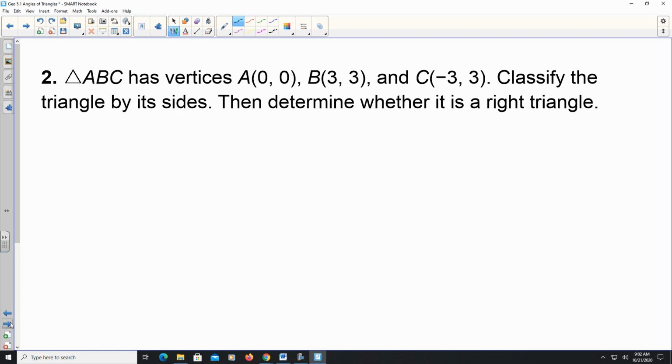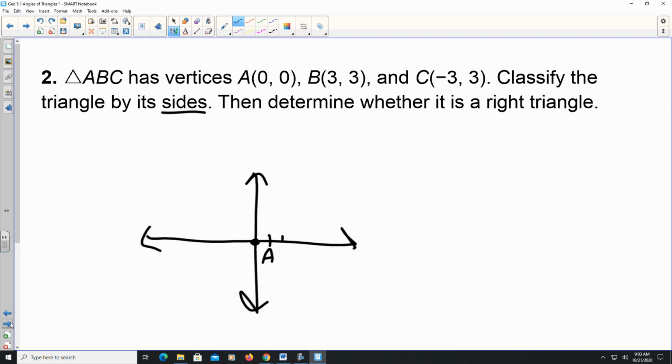In this one here, it says triangle ABC has vertices (0, 0), (3, 3), and (-3, 3). They ask you to classify it, then determine whether it is a right angle. So we're classifying it by its sides. Look here. A is right here.